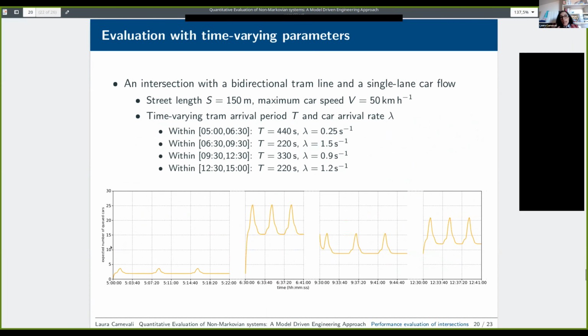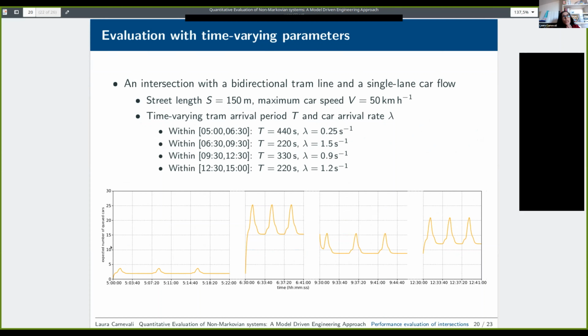And then finally, to conclude, I would like to mention how the approach can be used to perform what-if analysis and support use cases of interest for operation and management of multimodal intersections.